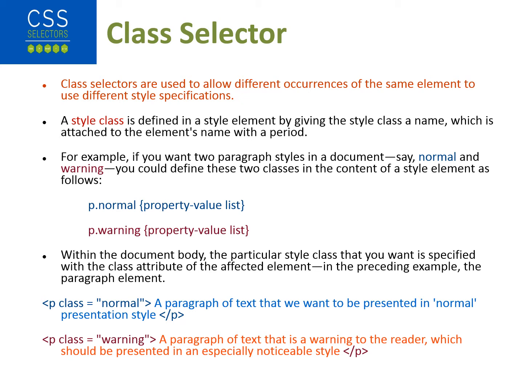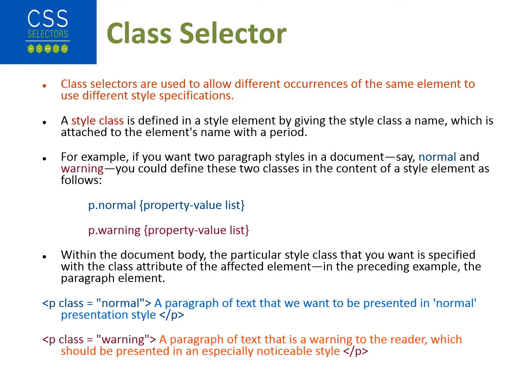Within the document body, the particular style class that you want is specified with the class attribute of the affected element. So in the preceding example, for the paragraph element, if you are using P normal and P warning in our HTML document, how can we apply these two classes? If you are going to apply normal, the syntax is the P tag, then you specify the class attribute, class equal to normal.